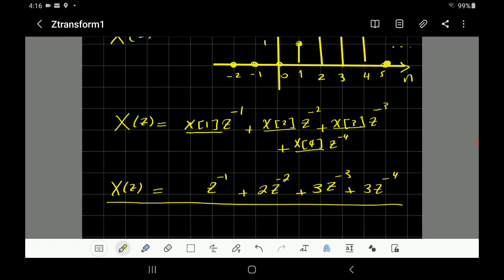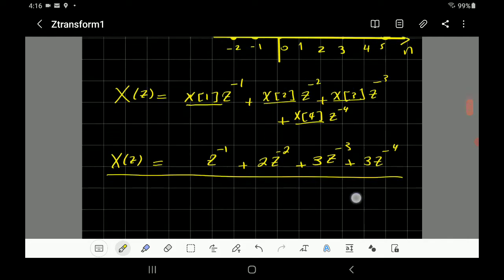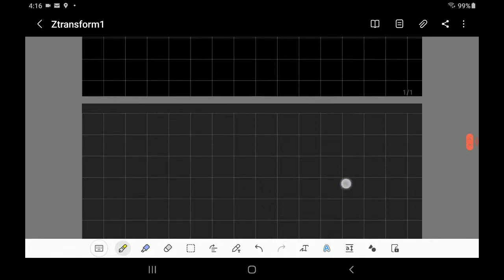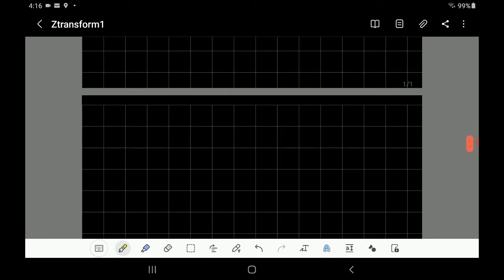Of course, you want to find a closed form. How can you find a closed form of the Z transform? Well, as we did before, there are some formulas for geometric series that are helpful. Let me just remind you of some of them.